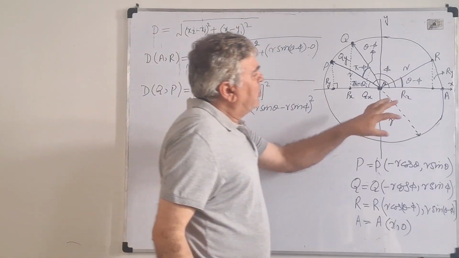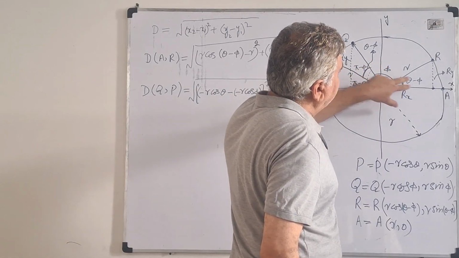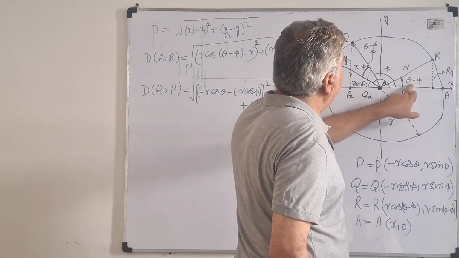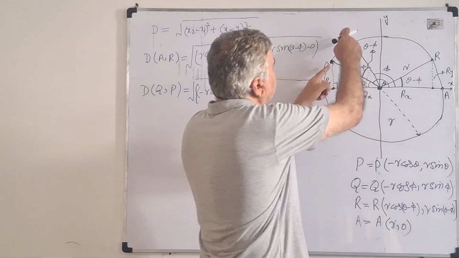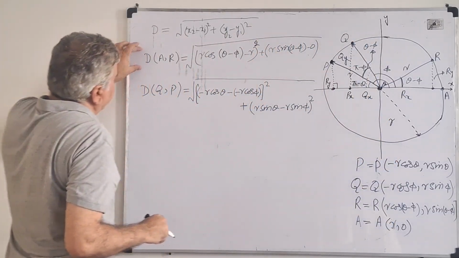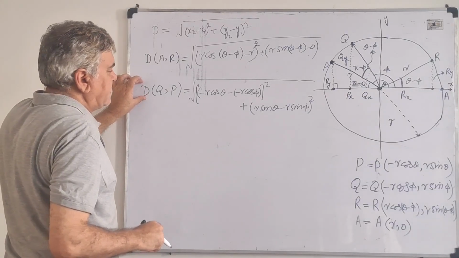Now, since the angular separation between A and R is exactly equal to the angular separation between P and Q, this distance must be equal to this distance.